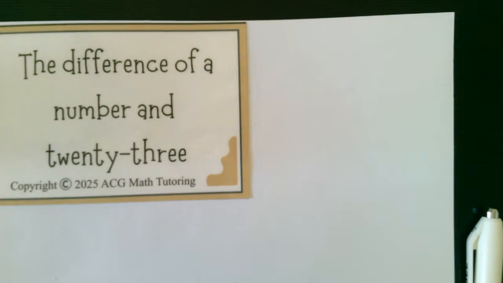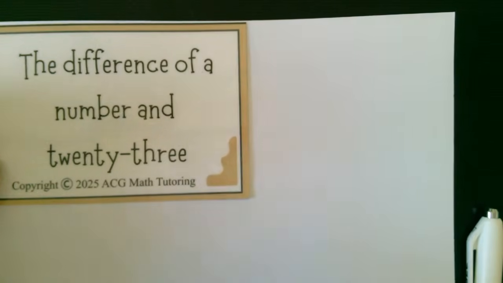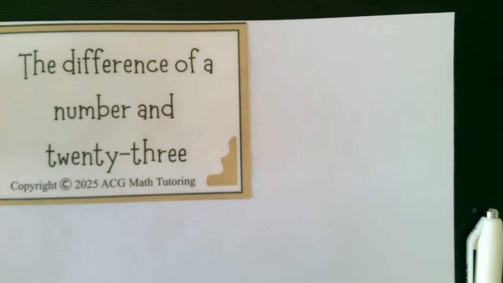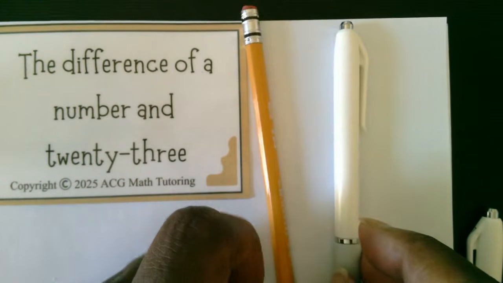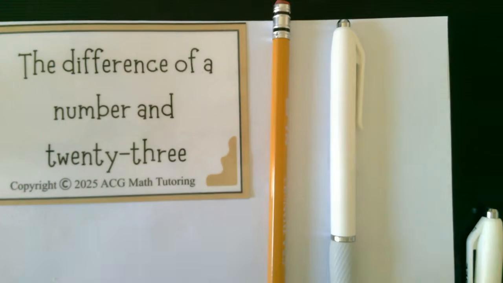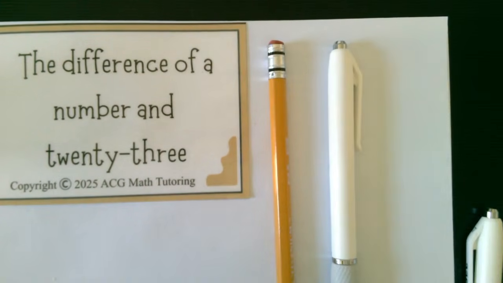All right. Does difference mean subtraction? Yes. So if you're taking the difference, when you want to do a comparison, say I want to compare my pencil and my pen. The first thing that we do is we always look at the difference. This one has an eraser, this one has a click top.